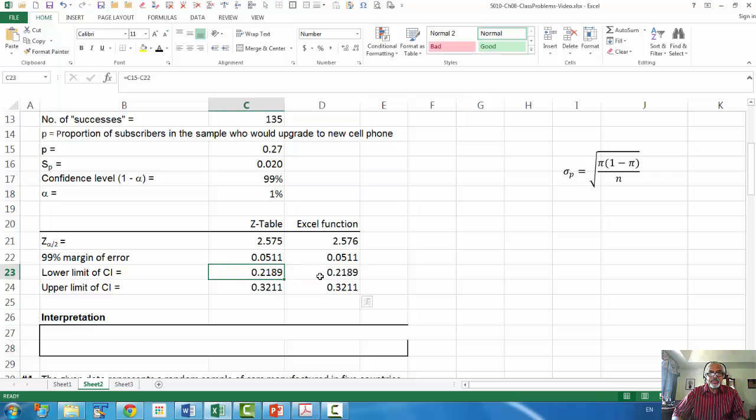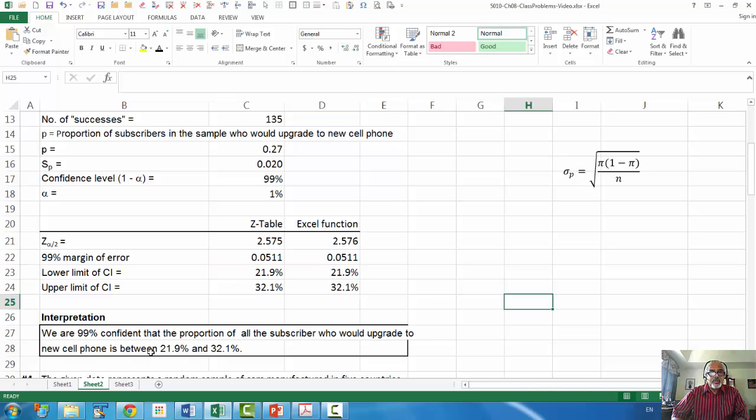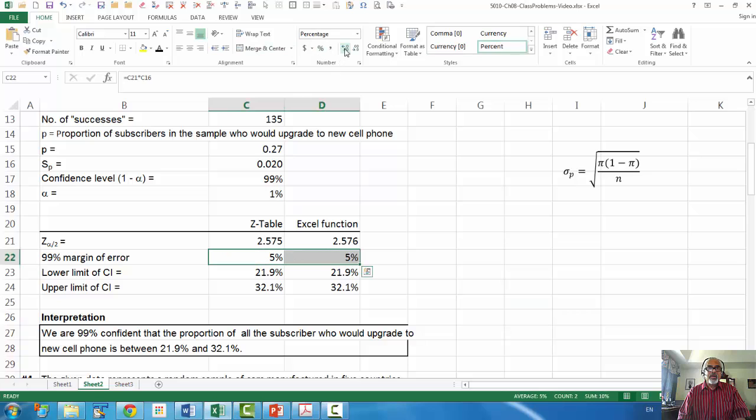So if you express this as percentages, 21.9 and 32.1%. We can also say this in the way the news reports say, which is that our estimate of the proportion of subscribers who will upgrade is 27% within the margin of error of, and you express that margin of error also as a percentage, and the margin of error is 5.1%.